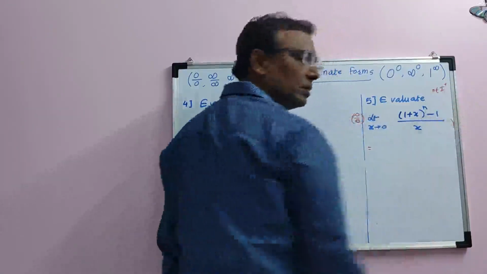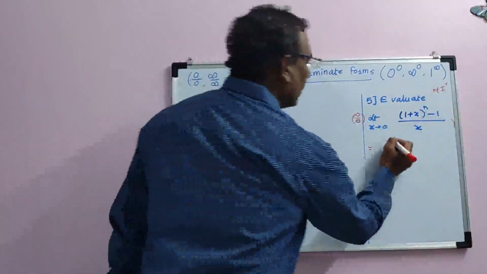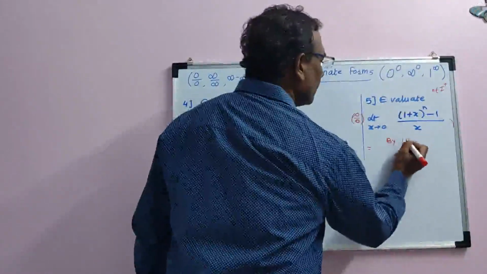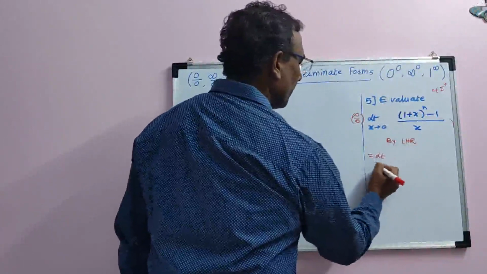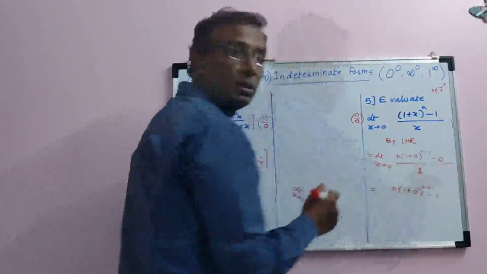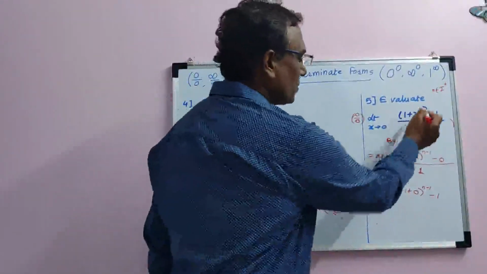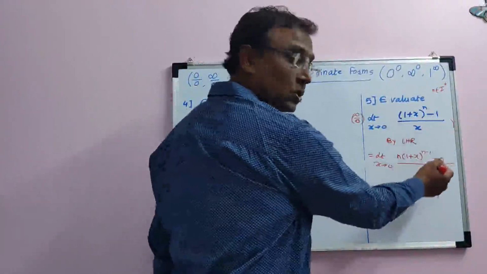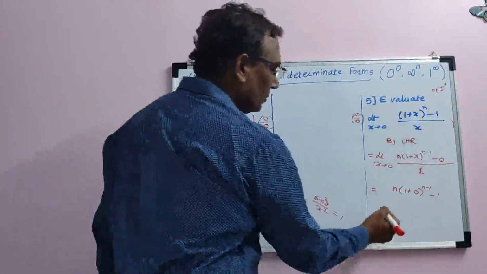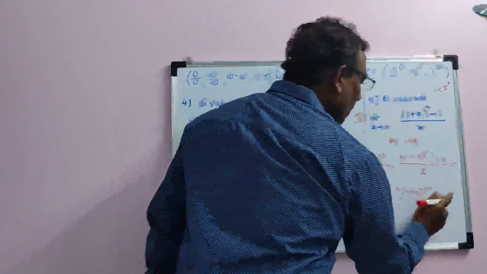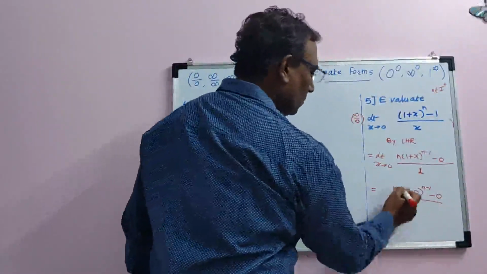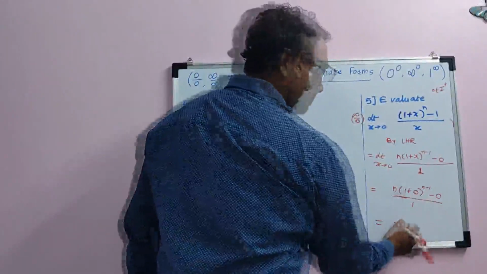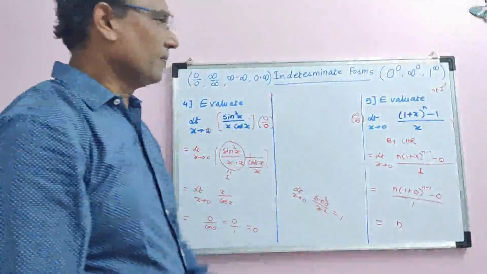Now, by L'Hospital rule, limit x tends to 0, the derivative of 1 plus x to the power n is this, and the derivative of minus 1 is 0. And in the denominator, the derivative of x is 1. And 1 to the power n minus 1 is 1, therefore n by 1 is n.